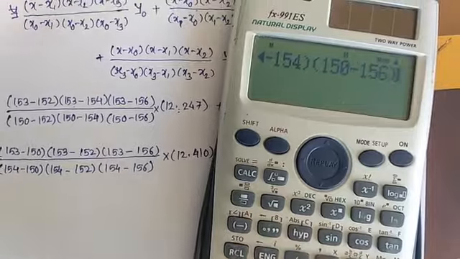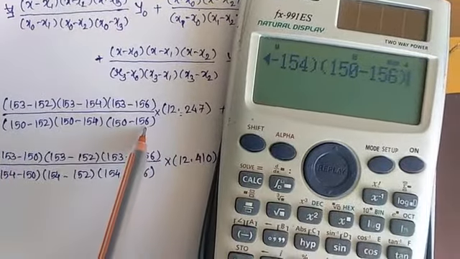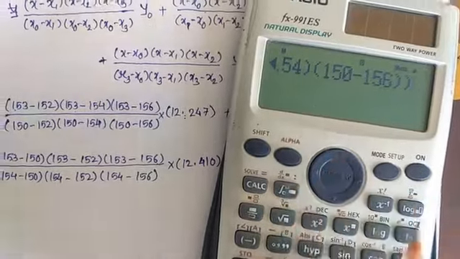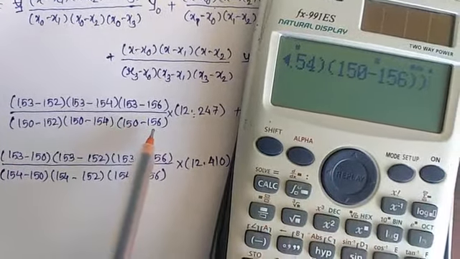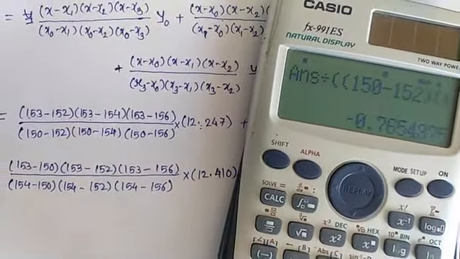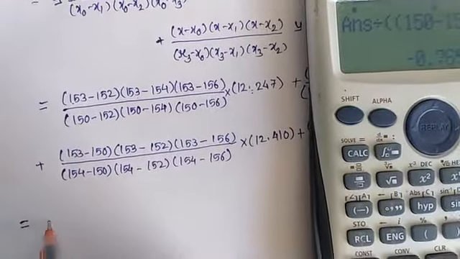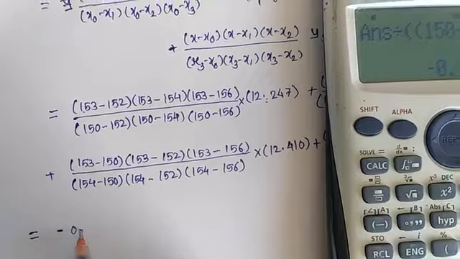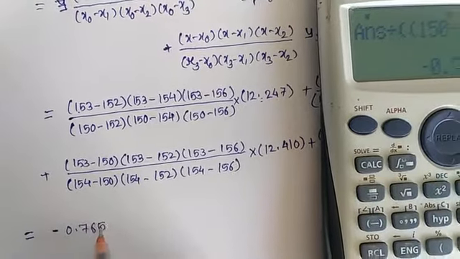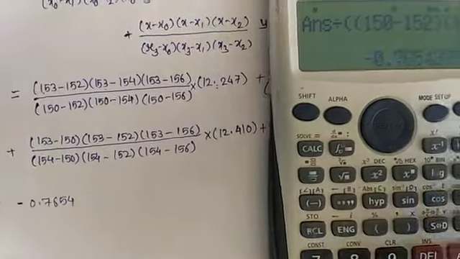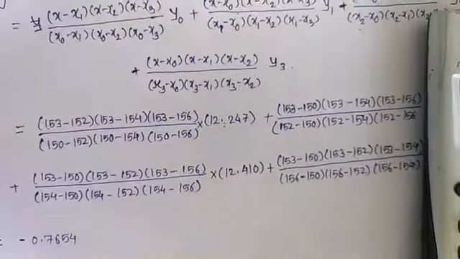Our denominator is over, so we complete our bracket here. The whole denominator is in a single bracket, which gives us the calculation minus 0.7654. This is our first term.